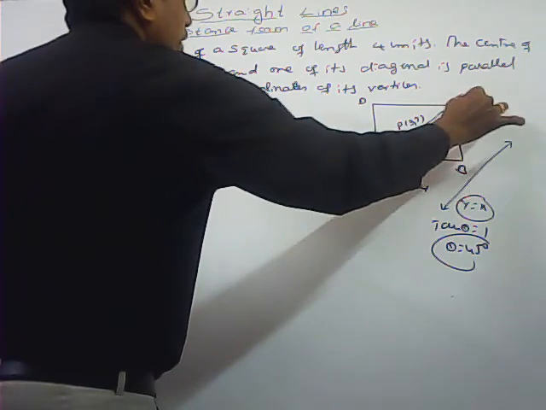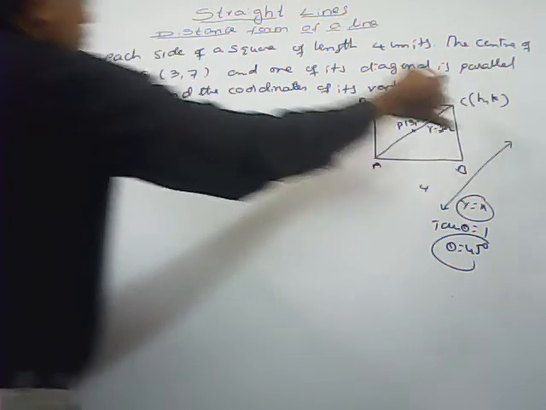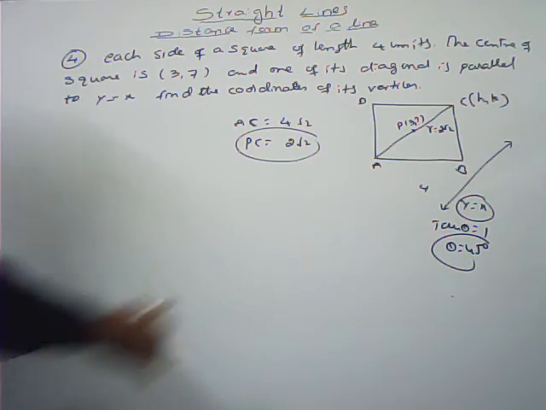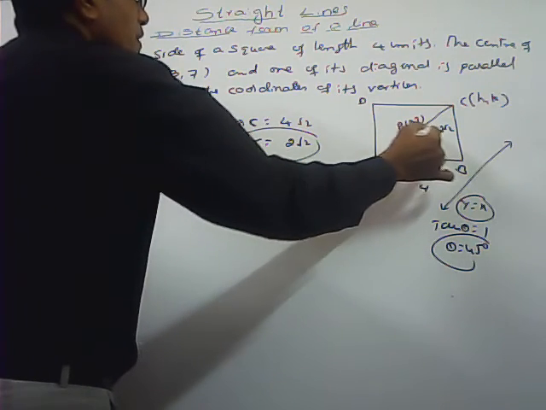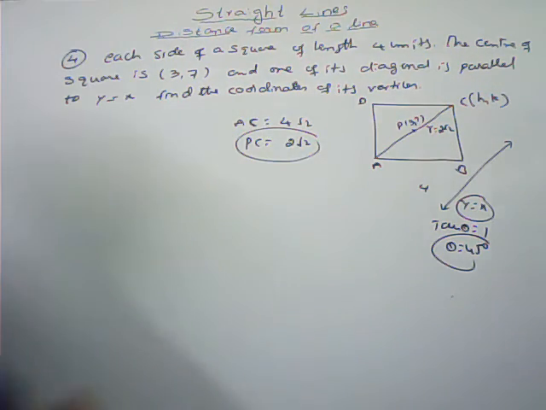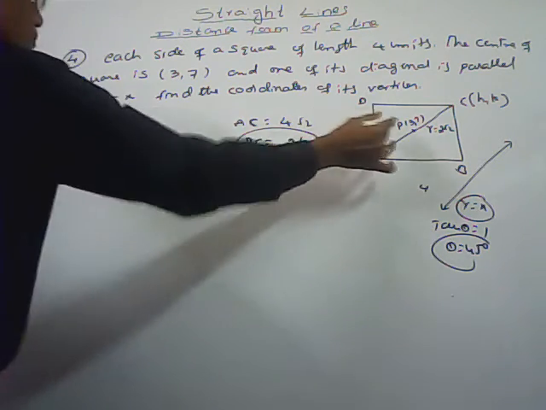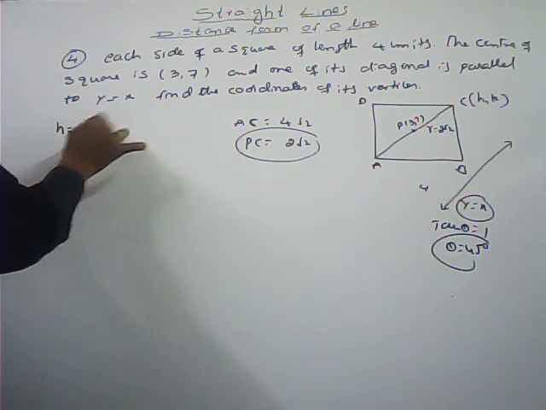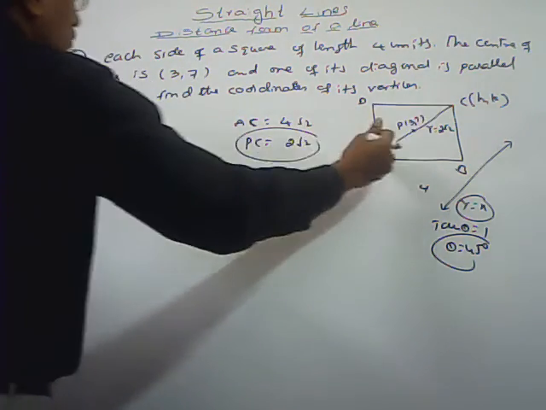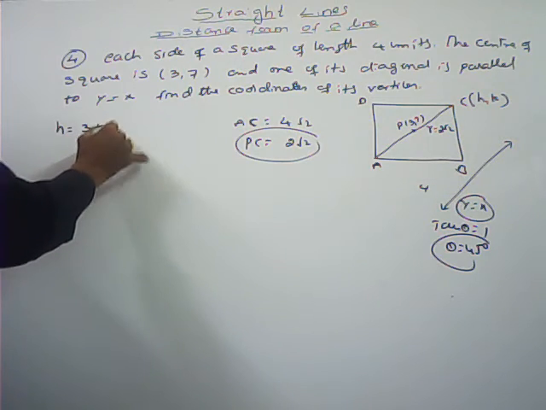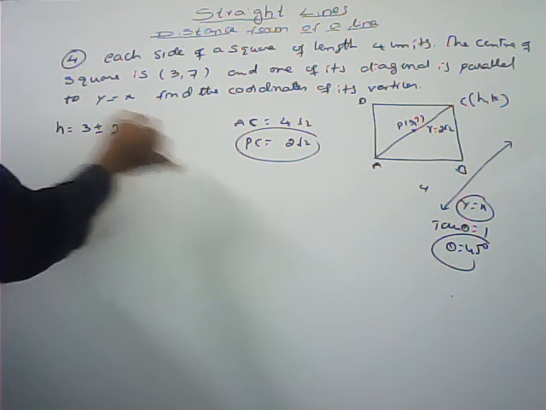Here I am taking (h, k). (h, k) is one of the points on this line at a distance of 2 root 2 from the point (3, 7). Then what about the parametric equations here? h is equal to x1 plus or minus, here we want a forward and backward point also, r, 2 root 2 cos theta.